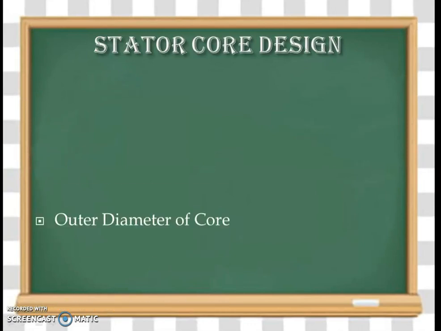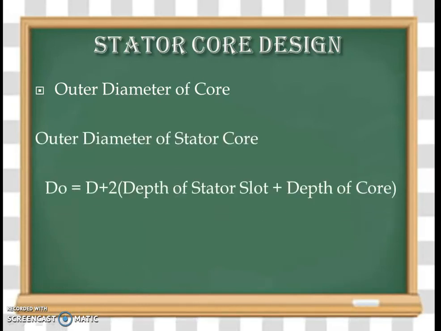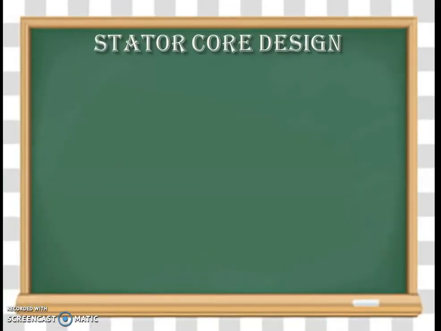So the outer diameter is the main diameter D plus 2 times, at the upper side as well as at the bottom side. So we have to consider 2 times the depth of the stator slot, and we have to add the depth of the core. So ultimately the outer diameter is D plus 2 DSS plus 2 DCS.